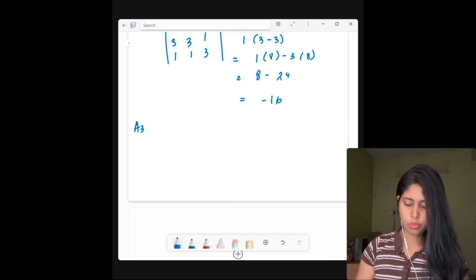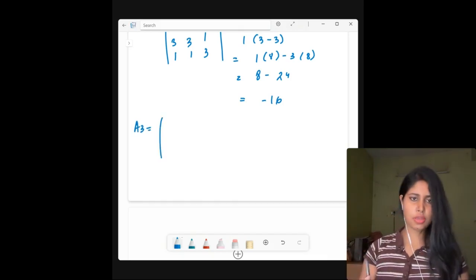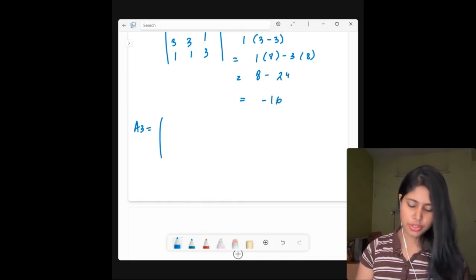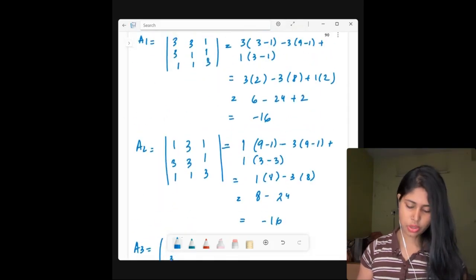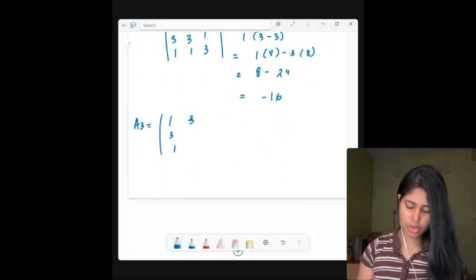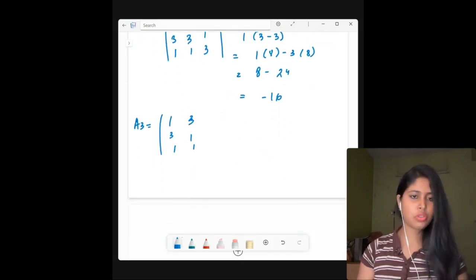How will we find A3? We will replace the third column with the constant matrix, and the other columns remain the same. So the first column is 1 3 1, the second column is 3 1 1, and the third column is 3 3 1.